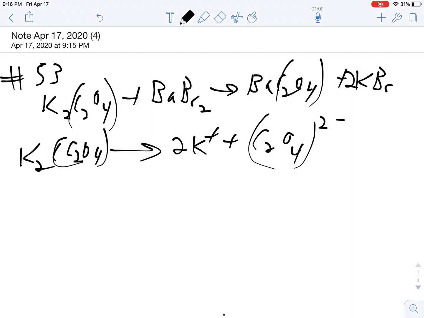So if my concentration of this is, I've got 0.1 liters, and it's 0.2 molar.